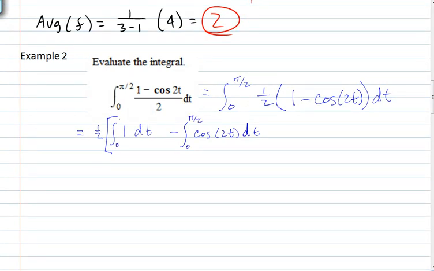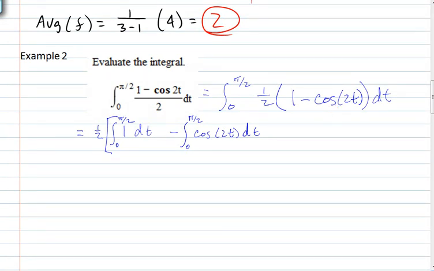So the 1/2 came from the 1 over 2. The whole thing was over 2, so I factored that 1/2 out. It's not just 1 over 2. This is being divided by 2 as well. That's why I said it's 1/2 times this. I'd have to distribute that 1/2 to both of these.